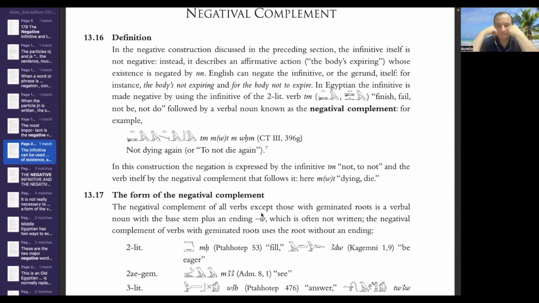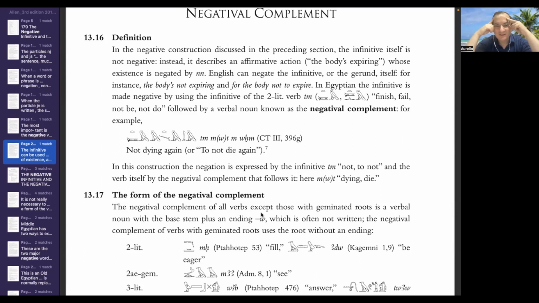Very Shakespearean. To be or not to be. To die or not to die. There you go. Indeed. Temud emwechem. Emwechem is again anew. So temud emwechem. To not die again.